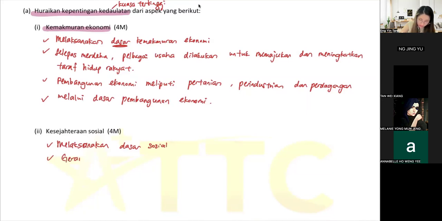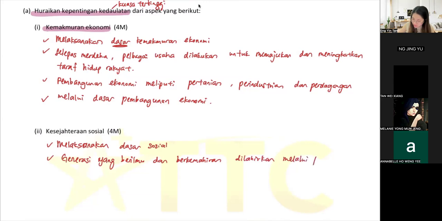Generasi. I write in another way. I say that generasi yang berilmu. Right now, we want the citizen to be what? Filled with knowledge and skill. Berkemahiran dilahirkan melalui pendidikan.